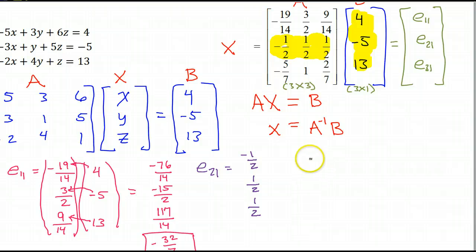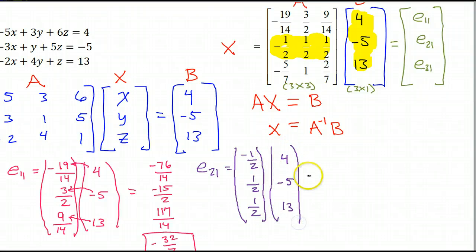And then the same old column 1 here. I've got 4, negative 5, and 13. I'm supposed to multiply these together. So that's going to give me negative 2 and negative 5 over 2 and 13 over 2.